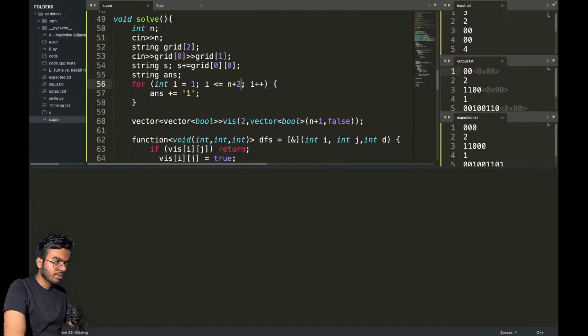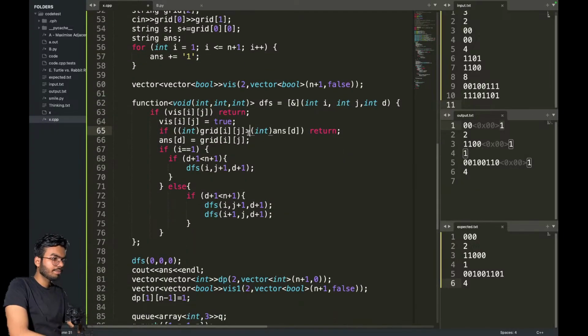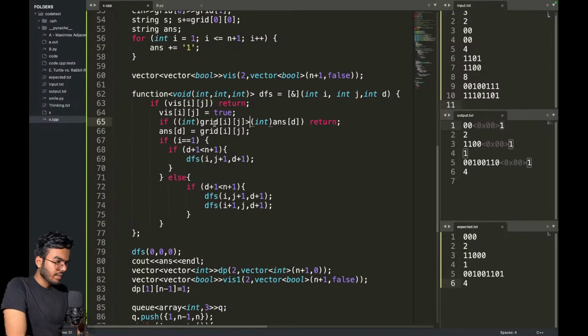What if I do n plus 2 then? Okay, then we are getting something completely different. Okay, we have this. So if grid of I j is greater, then we don't need to do actually anything.